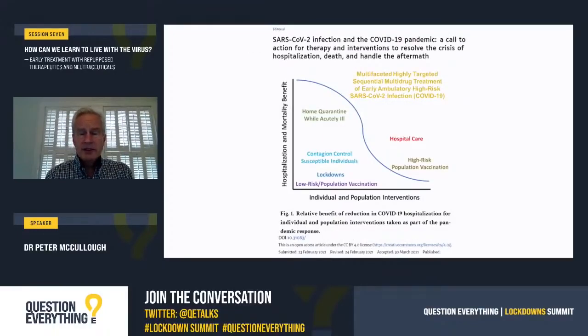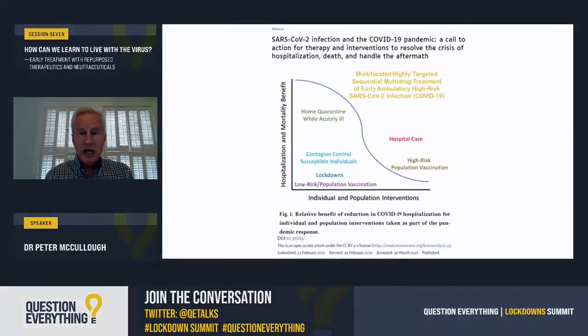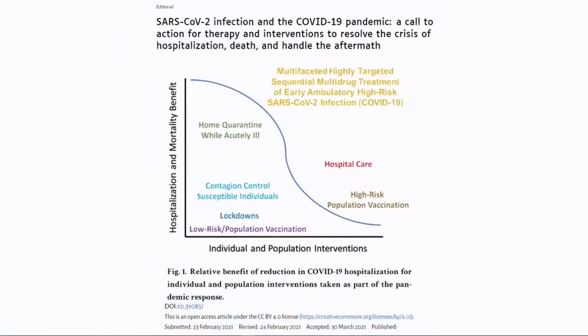So we've published on this that the biggest opportunity for reduction in the composite endpoint of hospitalization and death is what we call multifaceted, targeted, sequential, multi-drug treatment for COVID-19. And we do that when patients are in quarantine at home. Hospital care and other activities as shown, including lockdowns and social distancing, have far less impact because they're not as strongly effective as early treatment is.